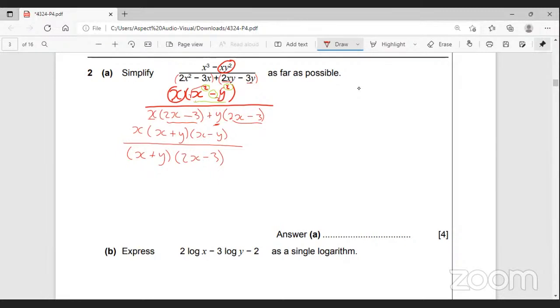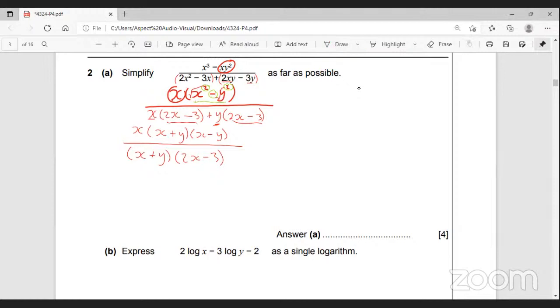You need to bear in mind when you're factorizing, we have about 3 of them: difference between two squares, common factors, and also grouping. Something is going to cancel out in the end. So you should be able to know that.